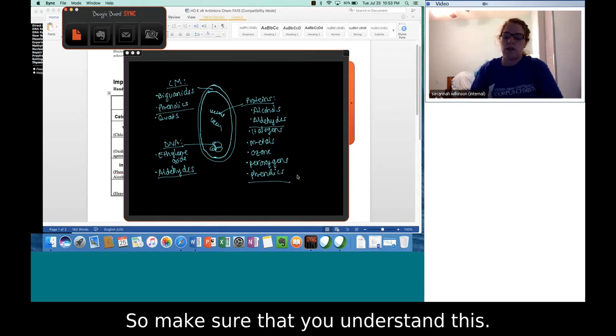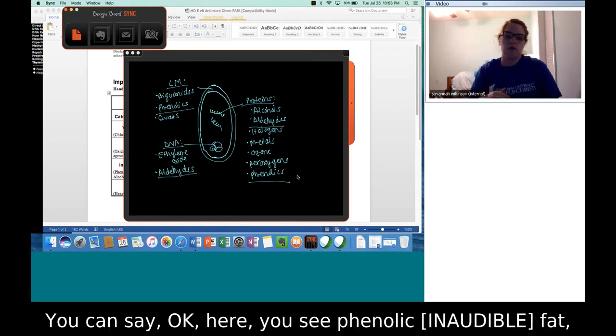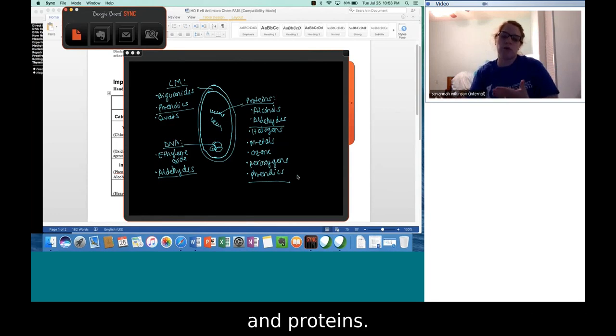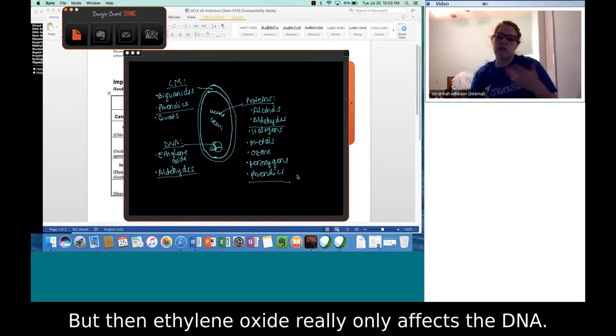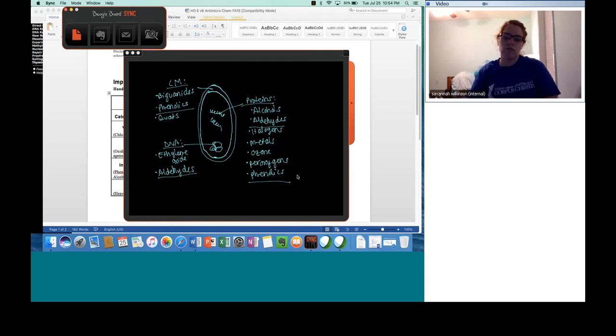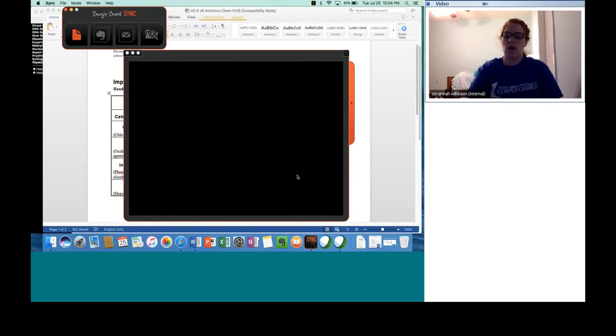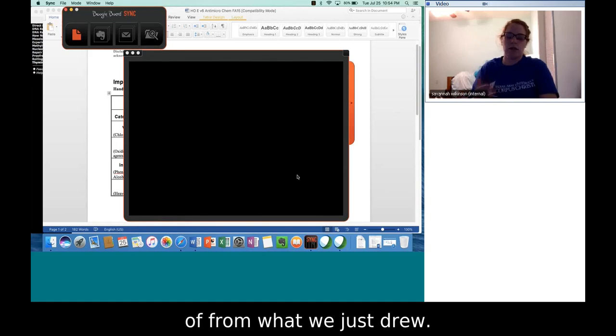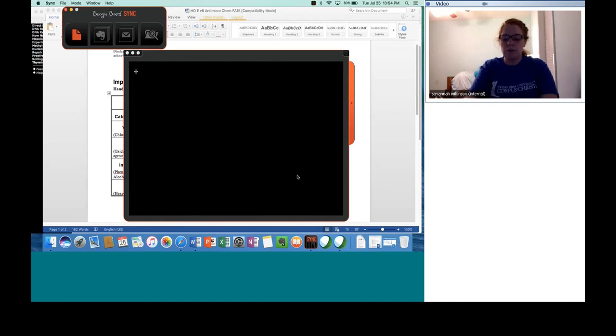So just make sure that you understand this. Like you can say, okay, here I see phenolics both act against the cytoplasmic membrane and proteins, but then ethylene oxide really only affects the DNA. Okay. Now I'm going to go into detail about each of those from what we just drew.